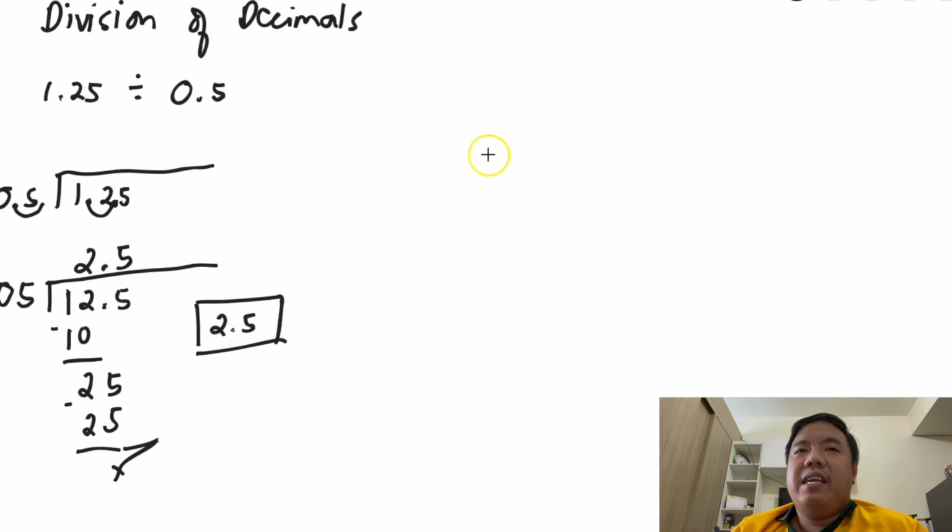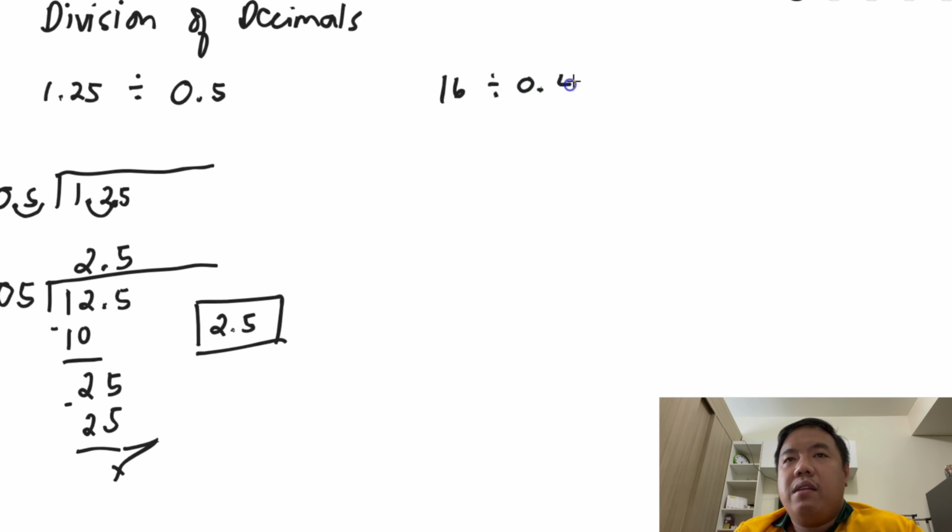Another one. If I have here 16 divided by 0.4. So 16 inside the division symbol, then 0.4. Paano yan, sir? Ang may decimal lang po ay yung ating divisor. Yun naman po talaga yung rule natin.